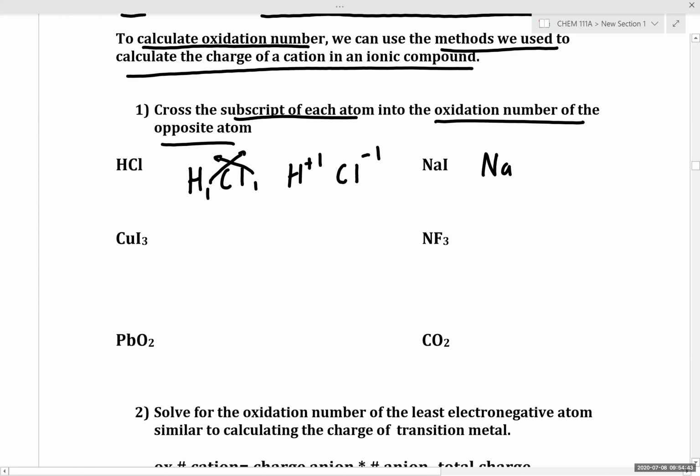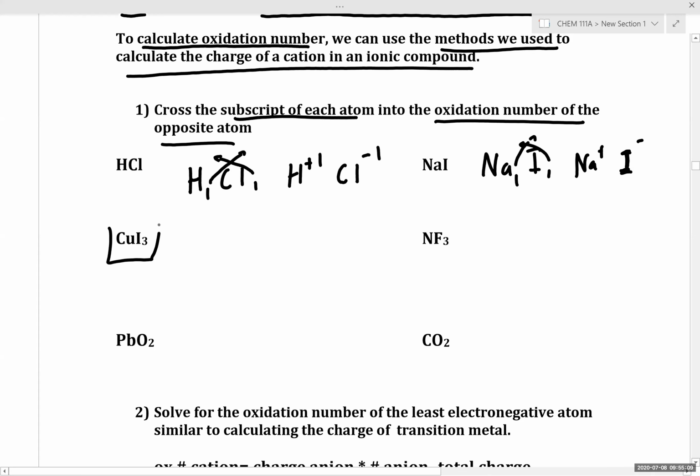Likewise, by analogy, in the ionic compound sodium iodide, if we reverse cross our subscripts, that gives us sodium plus and iodide minus. And so that gives us both the charge and the oxidation number. Okay, so let's look at this next example.